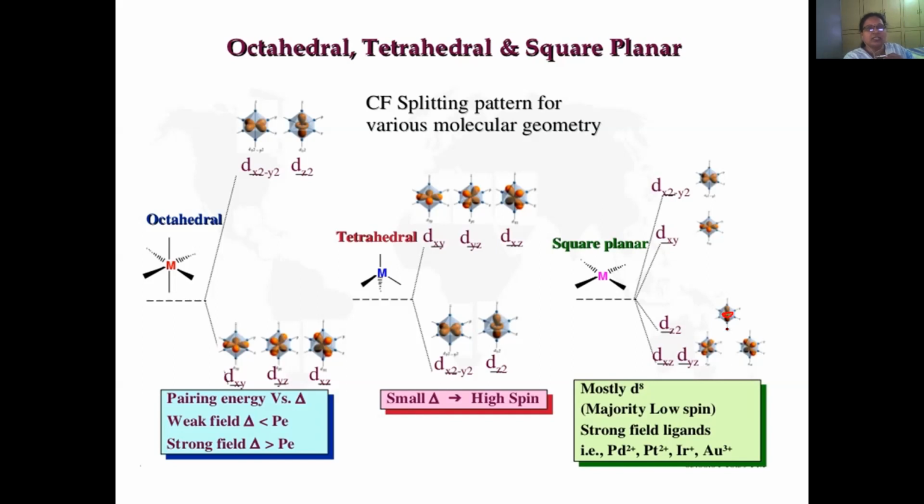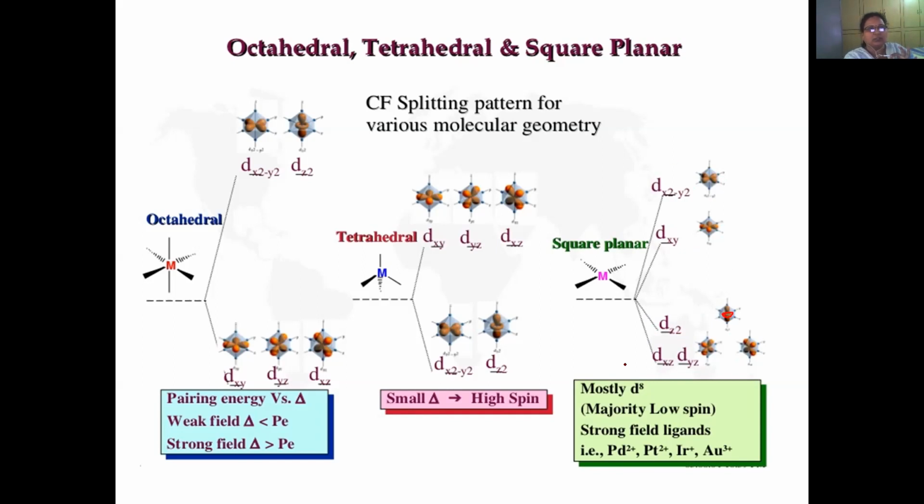That is why dz² gets repelled more than dxz. So the order is like this: dx²-y² first, then dxy, then dz², and then dxz and dyz.